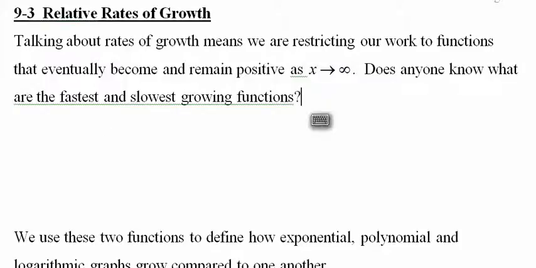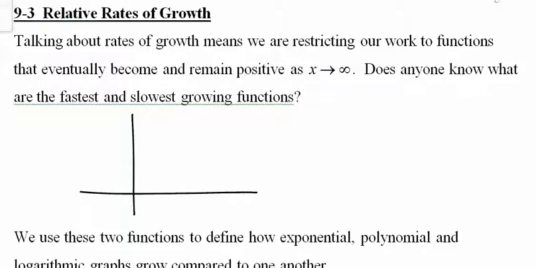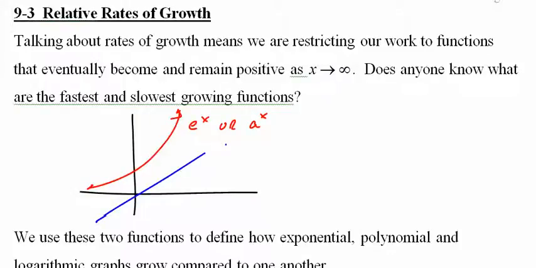The fastest and the slowest growing functions, if you put them on a coordinate plane, are some variation of e to the x, or any a to the x. A polynomial, which we'll represent here as x to the n.